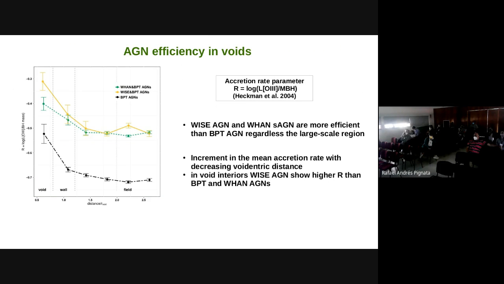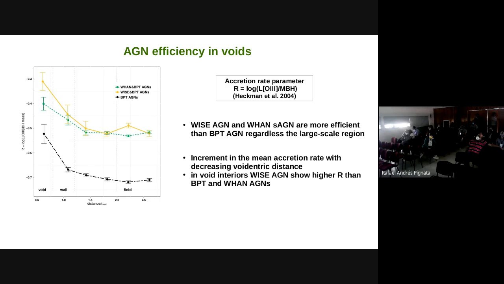And to finish, we analyze the efficiency of AGN. And to do this, we define an accretion rate parameter in this way. I show you here the mean value of this accretion rate parameter as a function of the distance to the void, and the colors correspond to the same subsamples as in the previous slide.